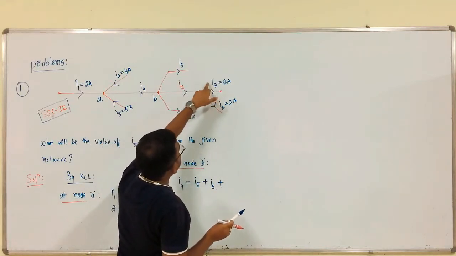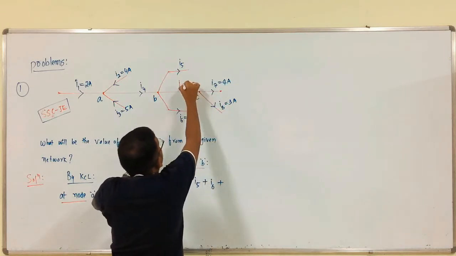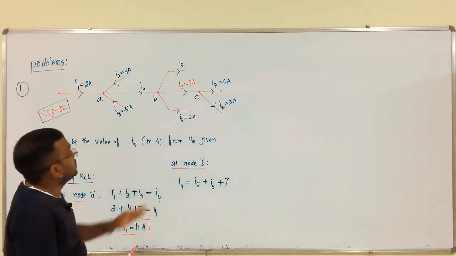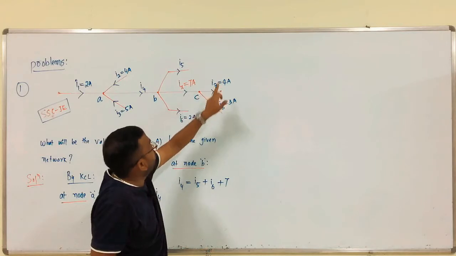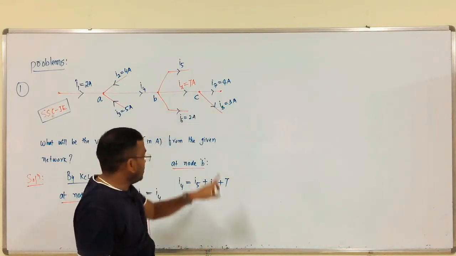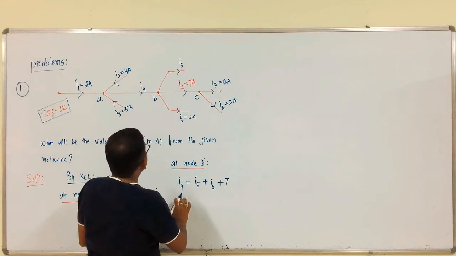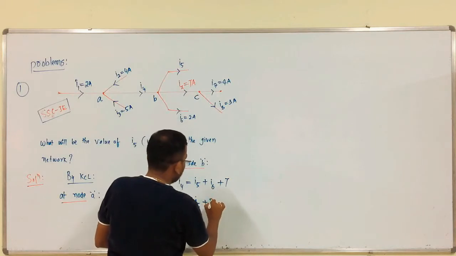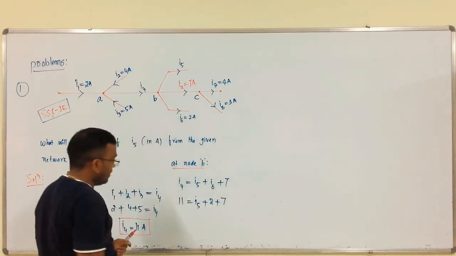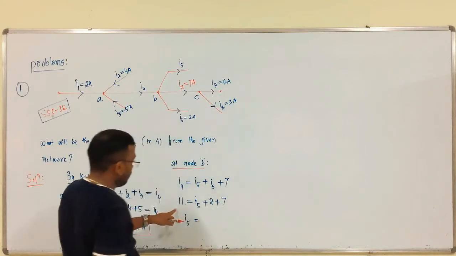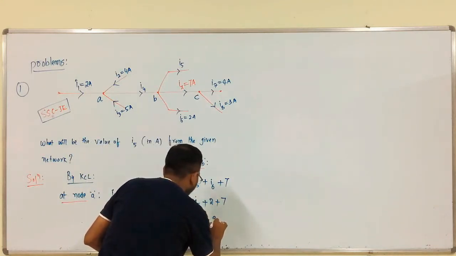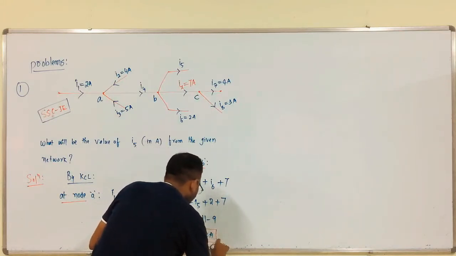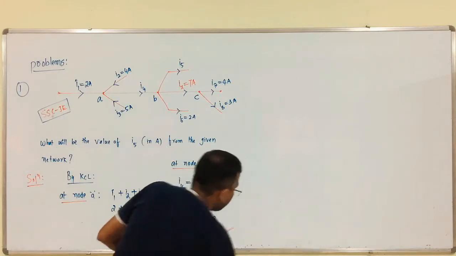Ix is equal to I7 plus I8, so 4 plus 3 is equal to 7 amps. 7 can be split into 4 and 3, so KCL is satisfied. So from this, I4 we got 11, I5 we don't know, plus I6 is 2, plus I7, that is 7. From this, I5 is equal to 11 minus 9, I5 is equal to 2 amps. This is the required answer for us.